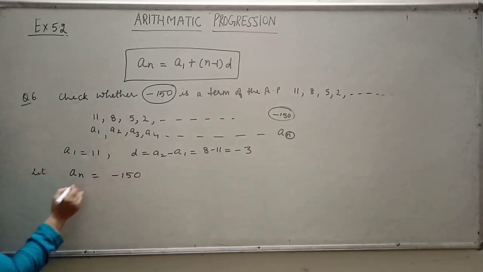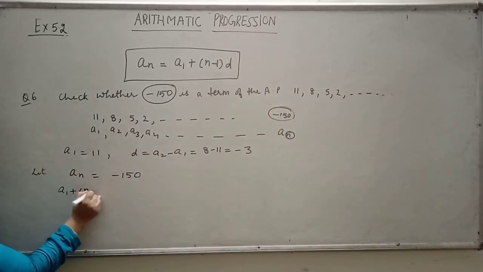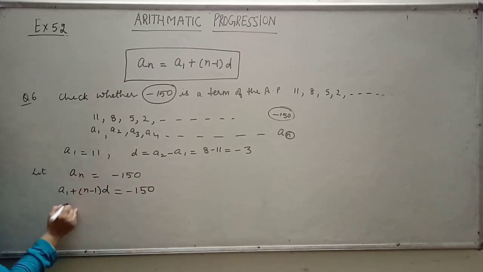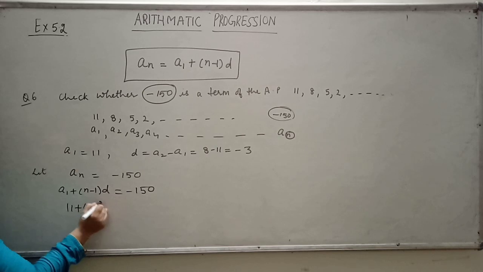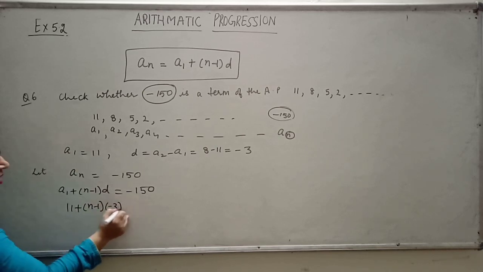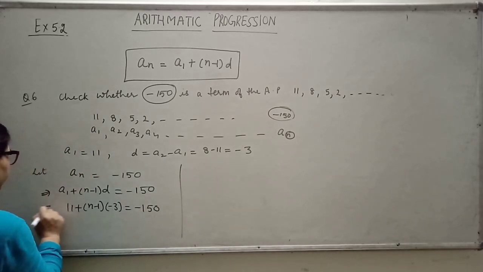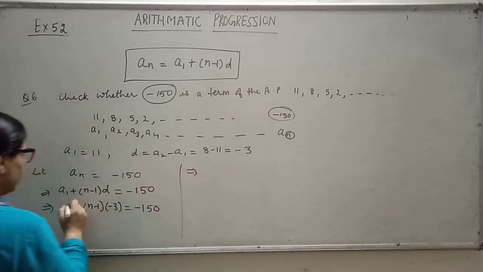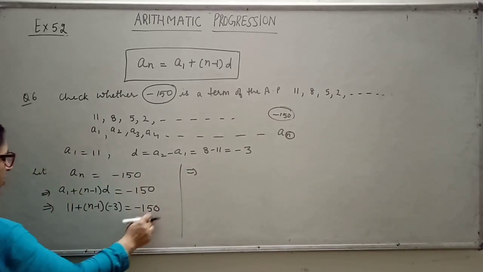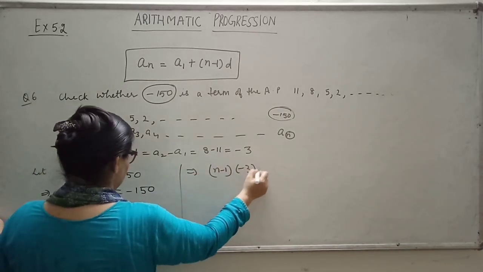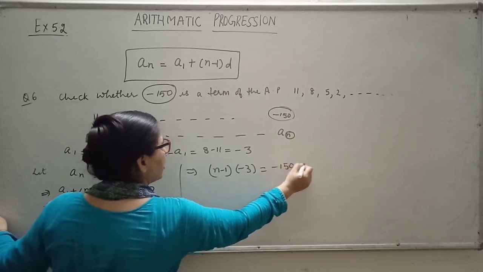So I have written An. The formula for An is A1 plus (n minus 1) into d, that is equal to minus 150. What is A1? That is 11. We have to find n, and d is minus 3. Okay, minus 150. So this is 11; let's shift this 11 to the other side. So (n minus 1) into minus 3 is equal to minus 150 minus 11.